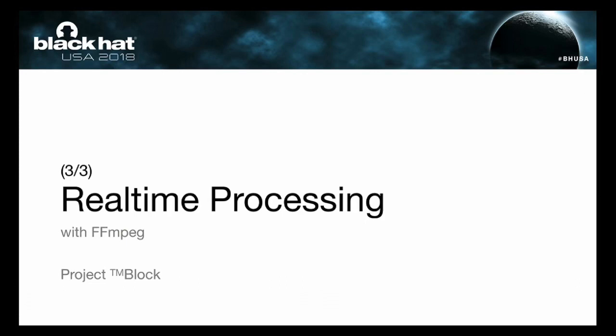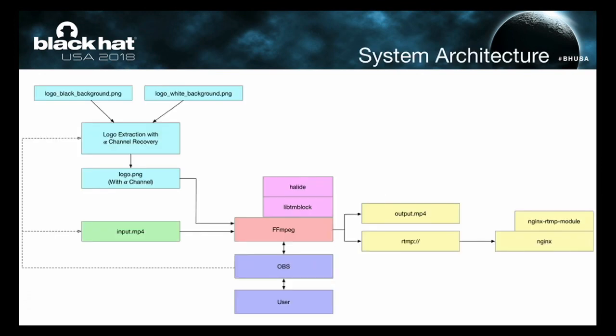So then we want to integrate our code into a real-time processing framework. We use FFmpeg. This is our system architecture. So first we extract the high precision logo from 2 still images with solid color background. Then we get a logo with alpha channel.